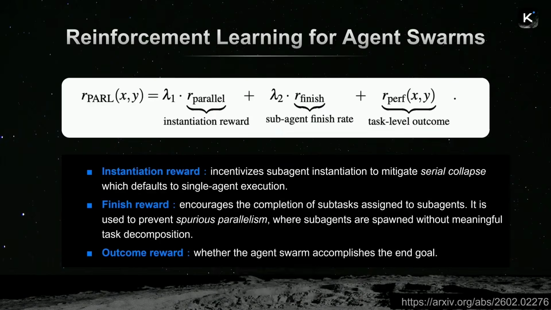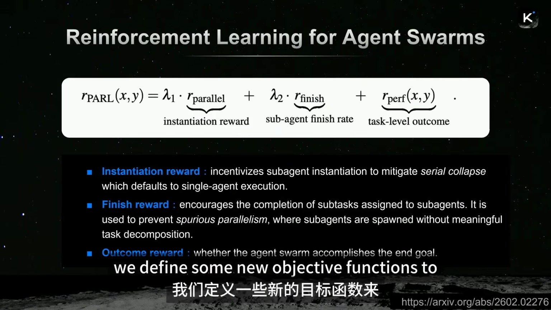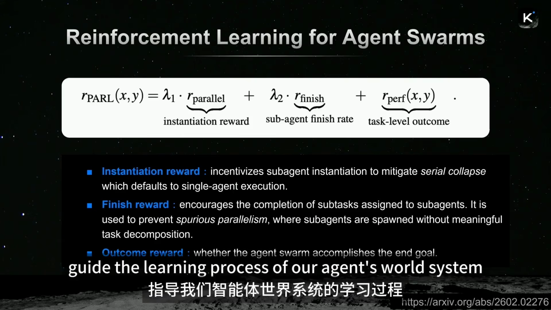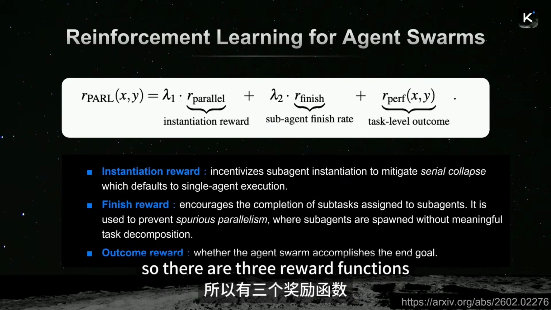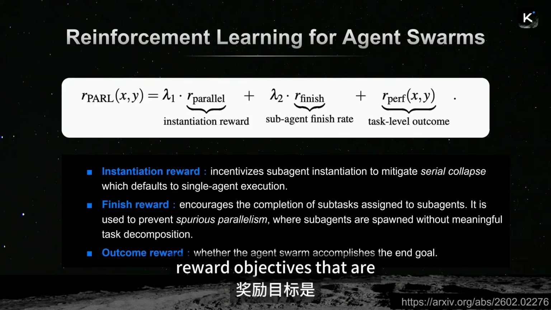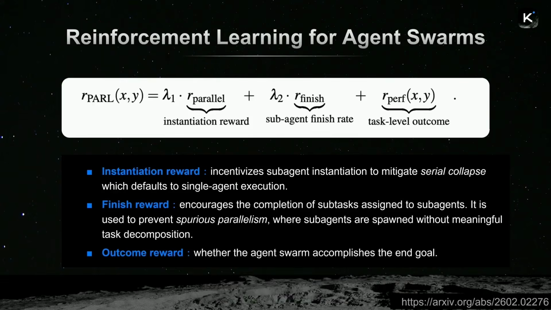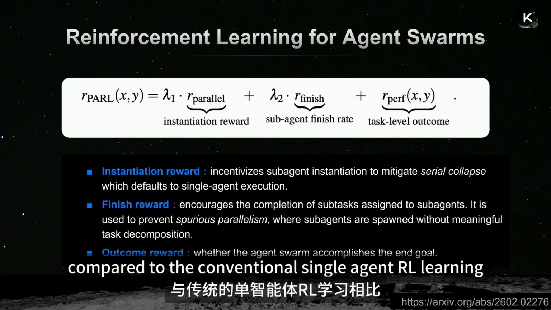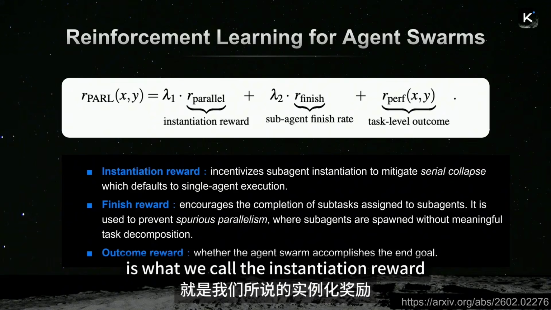And technically, we define some new objective functions to guide the learning process of our agent swarm system. There are 3 reward objectives considered here compared to the conventional single agent RL learning. The first term is what we call the instantiation reward.